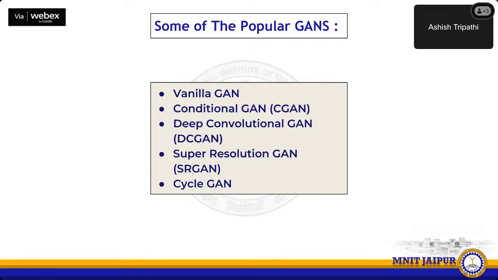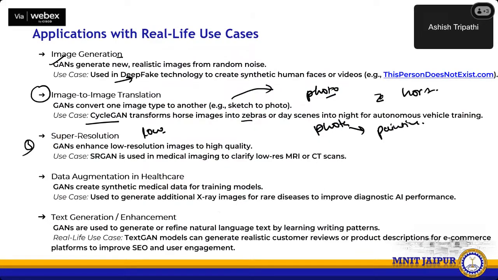That is quite required for data processing in extreme weather conditions, as well as for medical images where we don't have very clear images, or for satellite images whose resolution we want to improve. In that case it is quite good. So we can use SRGAN. SRGAN is super resolution GAN, which is used to improve the resolution of images. That can be a very good research problem.